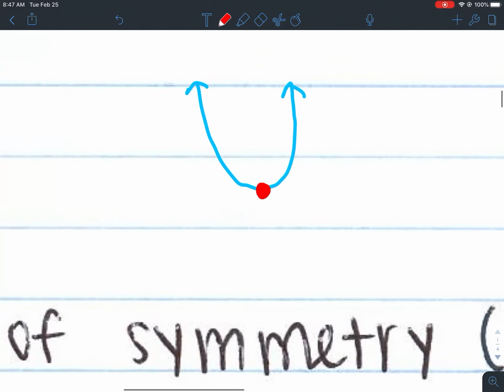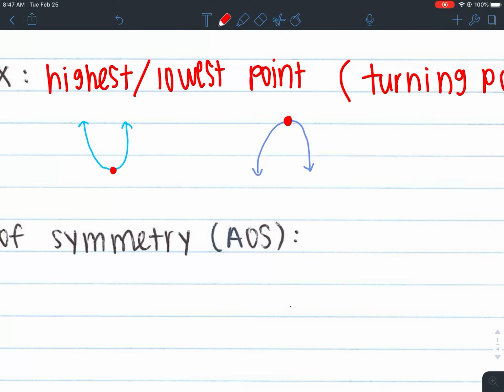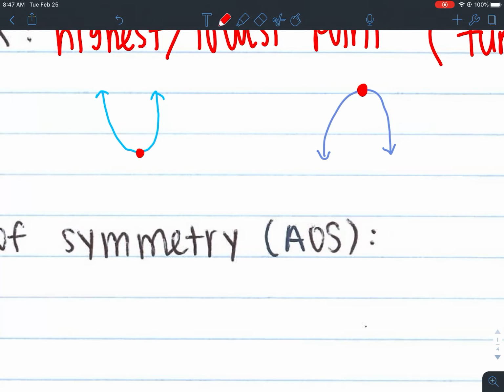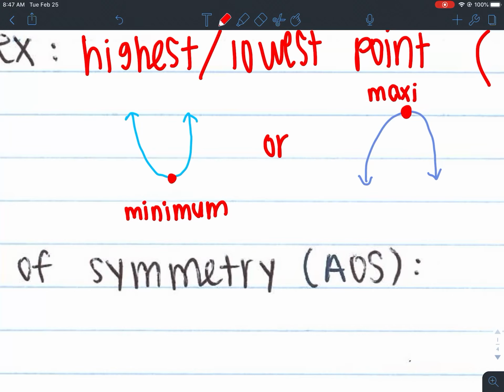But here, if you think about it, as you're going down, what happens once you hit the vertex? Well, then you start to turn and you go back the other direction. You go up. Here, you're going up, and once you hit the vertex, you turn and go down. So it is also known as our turning point. Now, those vertex points, or our highest and lowest points, also have a name. So you could have a minimum or a maximum.